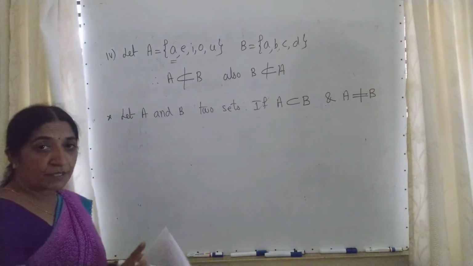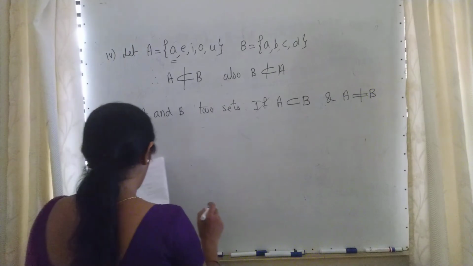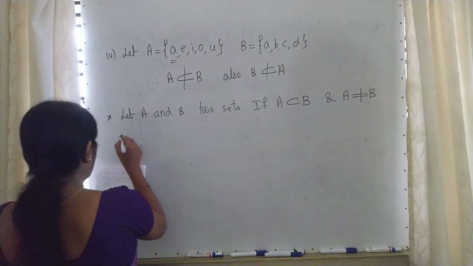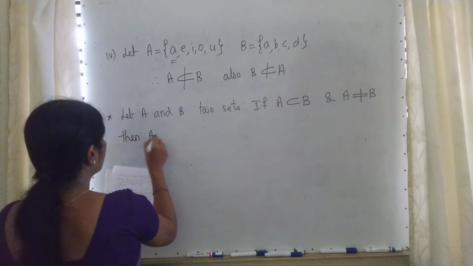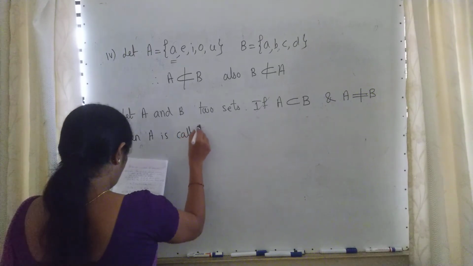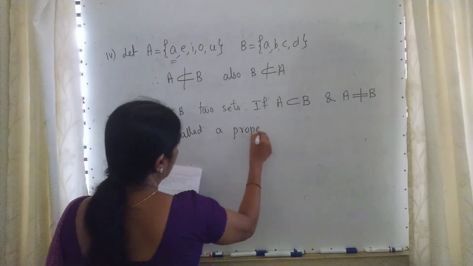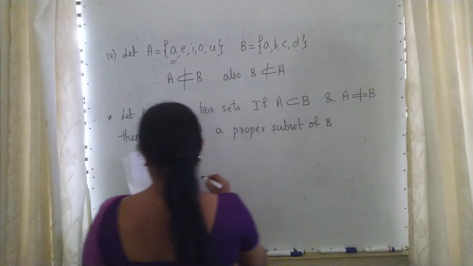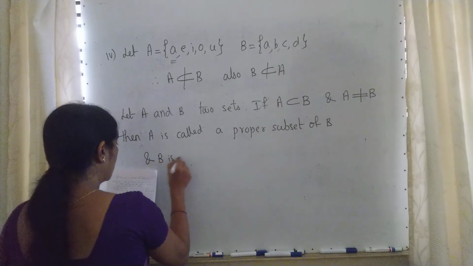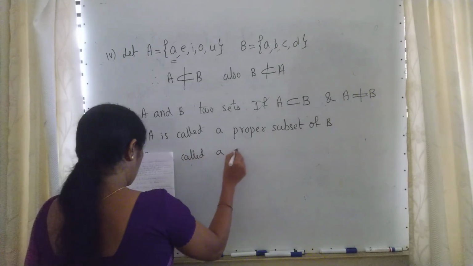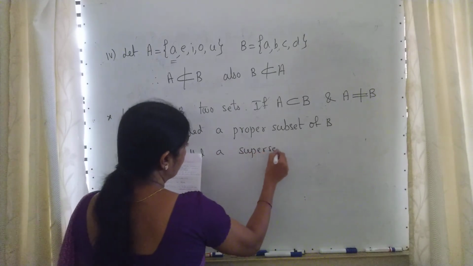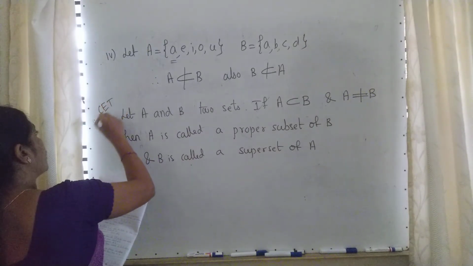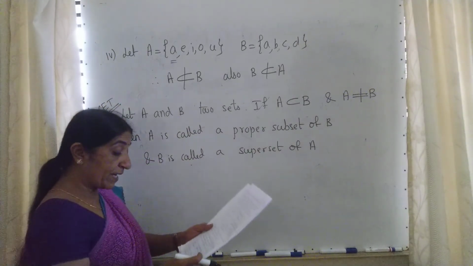If A is a subset of B and A is not equal to B, then A is called a proper subset of B and B is called a superset of A. Mark this. This is very important for your CET or JEE competitive exams.